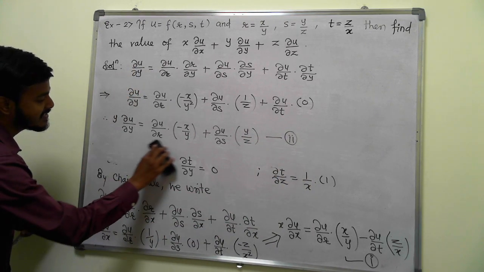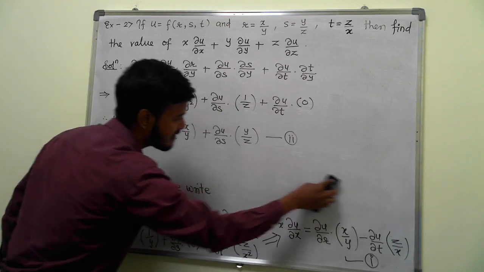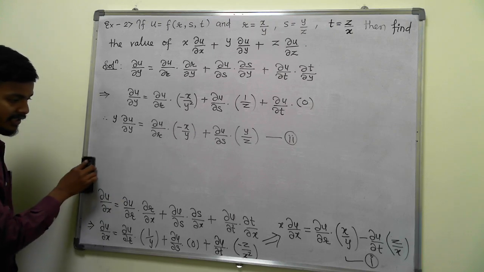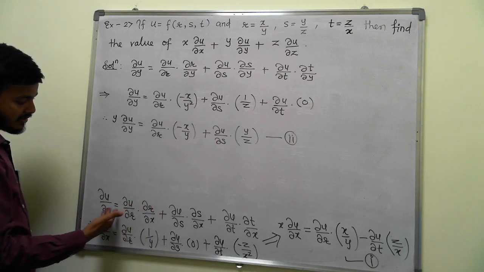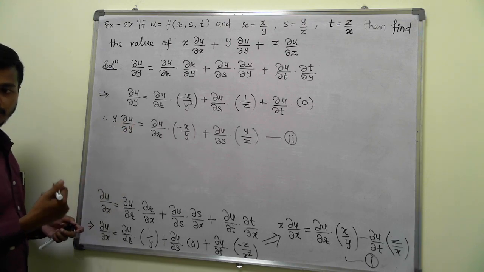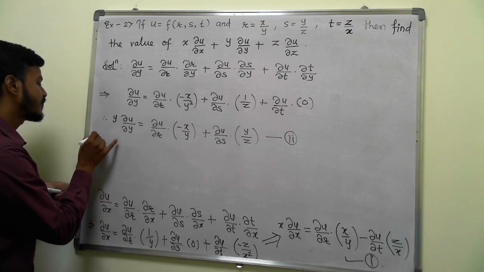Now let us apply chain rule for the third one. It is just a matter of writing, nothing new. Whatever you have done for applying the chain rule for del u by del x, simply try to write it for del u by del y and del u by del z.